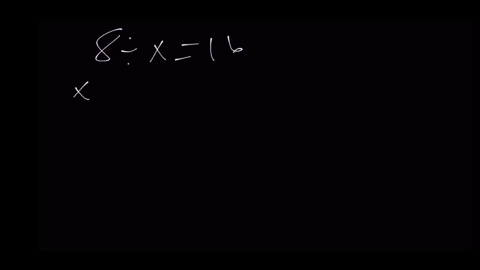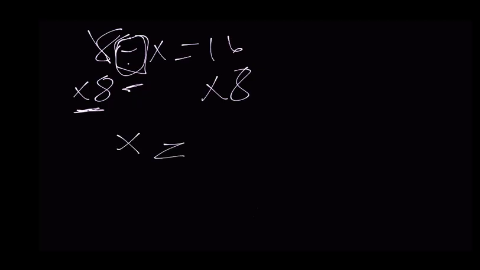For this one, you multiply by 8, because to cancel out the 8 here, you have to do the opposite of whatever this operation is. The operation we're using here is division, right? So we're multiplying both sides, not one side, both sides.